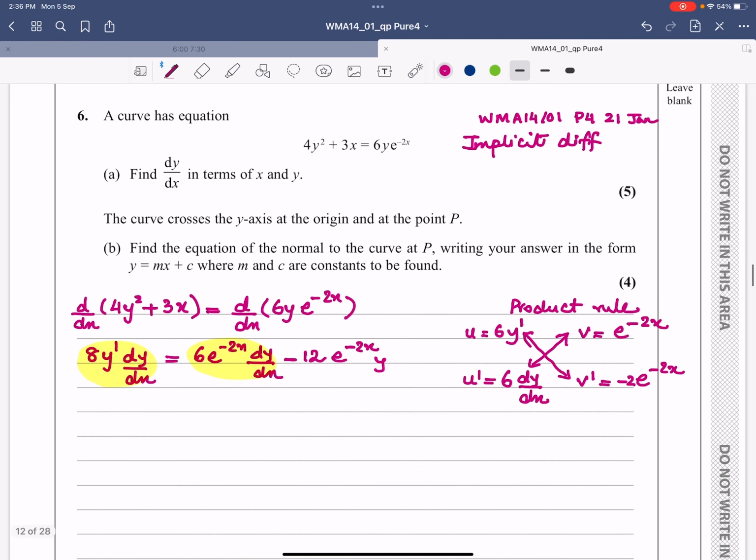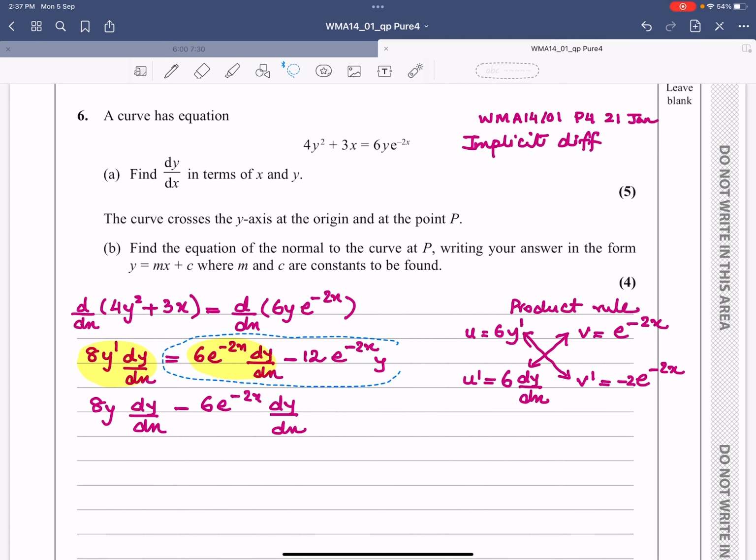So I have here 8y dy by dx minus 6e to the power of negative 2x dy by dx. Oh, on the left side, I also had to differentiate the 3x, which I differentiated, but I think I forgot to write it.